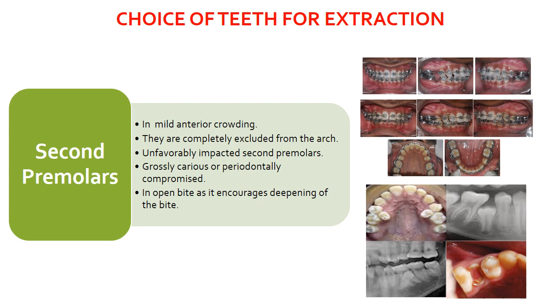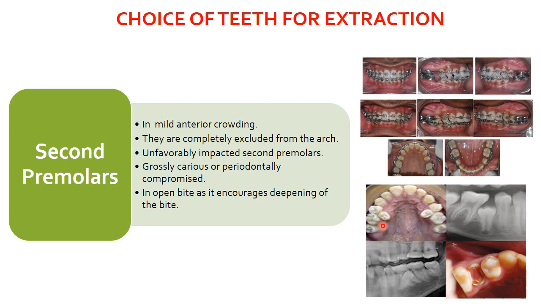The second indication for their extraction is when they are completely excluded from the dental arch. As you know, they erupt behind the first premolar and the first molar. So sometimes when we have a space deficiency, they are going to be excluded from the arch. In those cases, it will be easier to extract those transpositioned or excluded teeth.